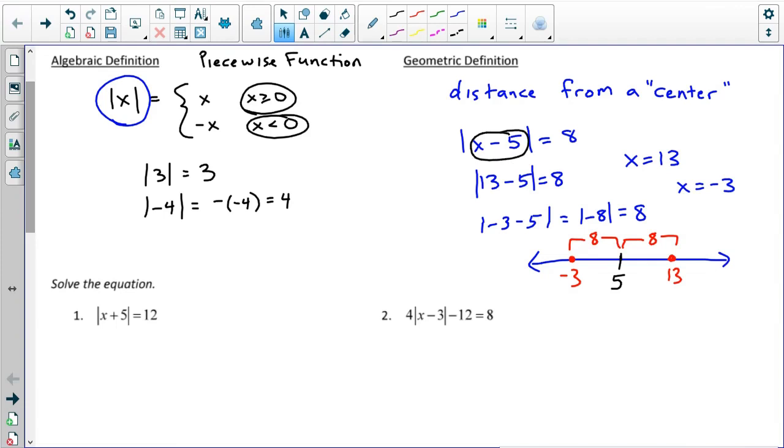This value will basically tell me my center. If I substituted in x equals 5, that would mean I had the absolute value of 0, which means I would have 0 distance from the center. So that's essentially what's happening from a geometric perspective.